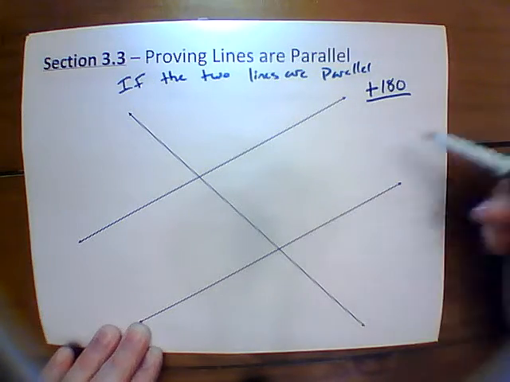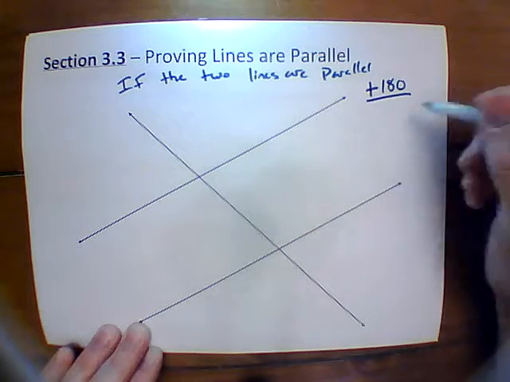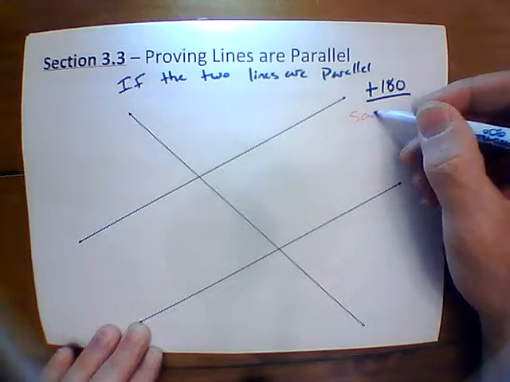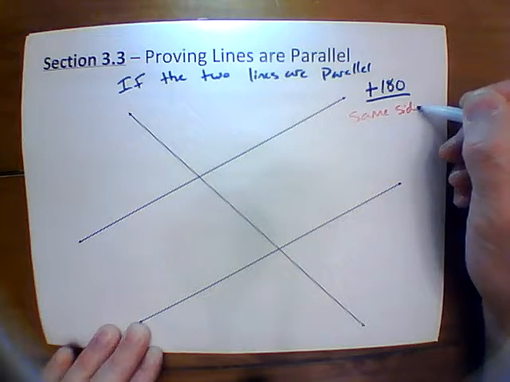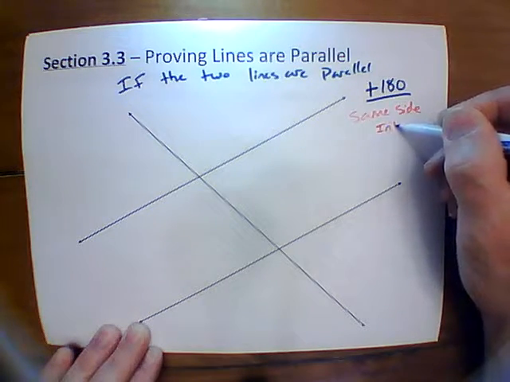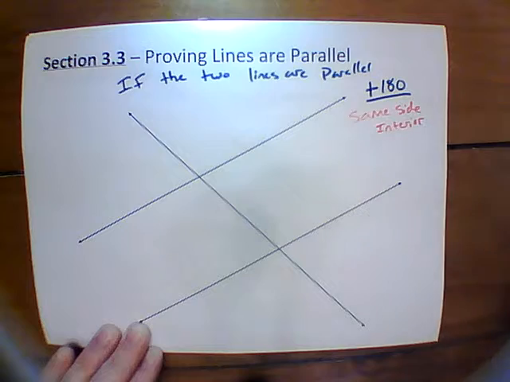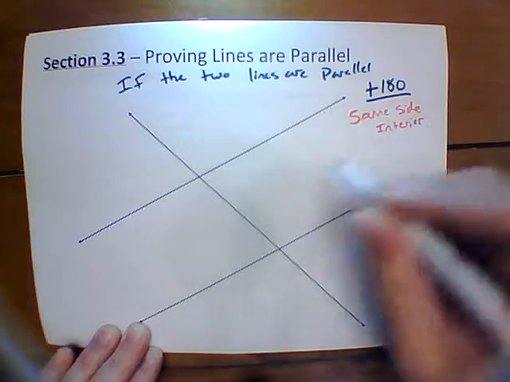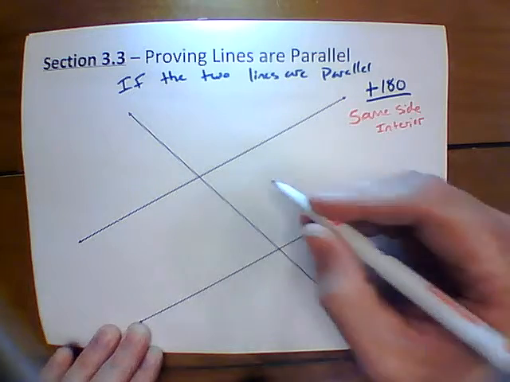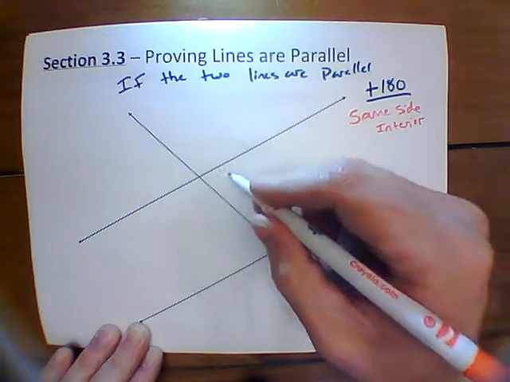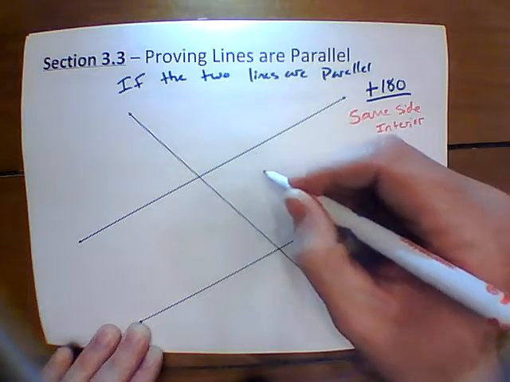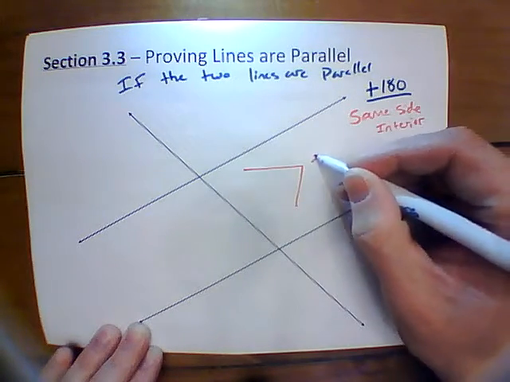So the postulates and theorems I'm talking about, the first one is the same side interior angle postulate. What the same side interior angle postulate tells us is that if these two lines are parallel, then same side interior angles, angles that are on the inside of the lines and on the same side of the transversal, will add up to 180.